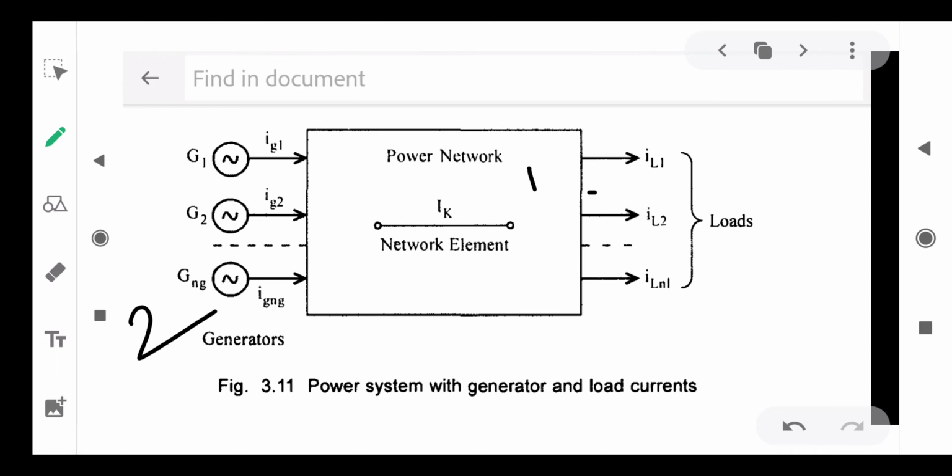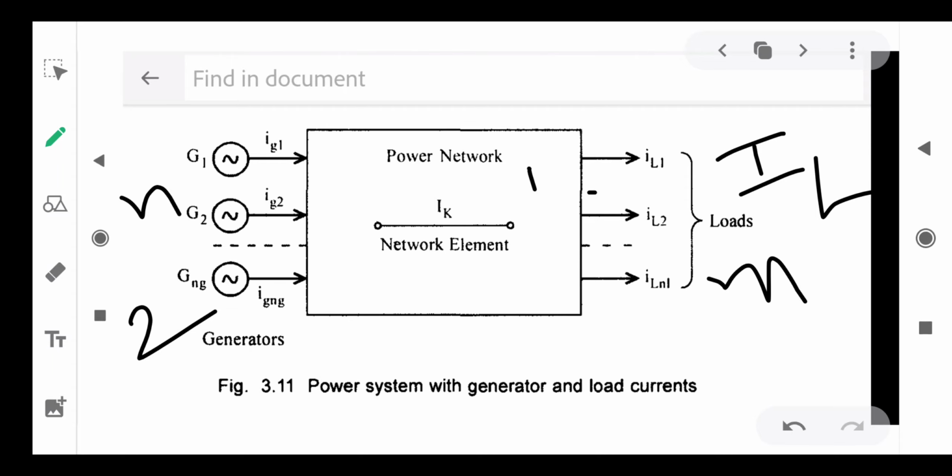IL1 is load current 1, IL2 like that. Suppose n generators and m loads are there, together we have sigma Pgi, i equal to 1 to n, and sigma IL equal to IL1 plus IL2 up to ILM. So sigma IL is equal to capital IL, the total load current.